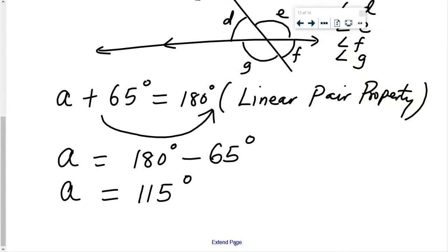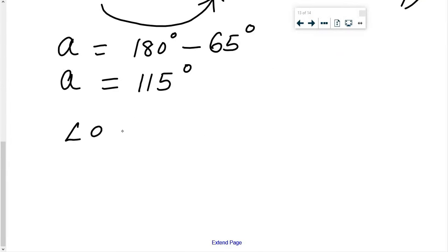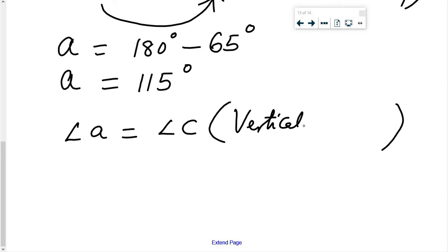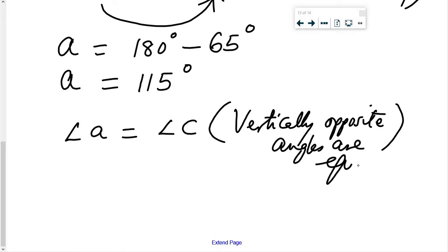So angle A equals angle C. Because we got angle A is 115, so even angle C will be 115.